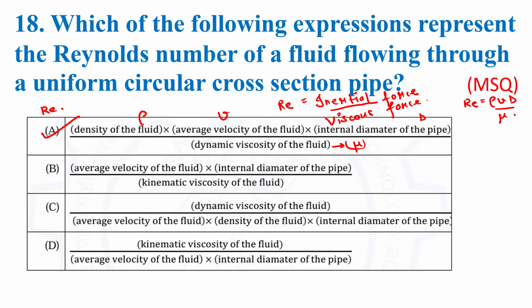And using the kinematic viscosity, Re equals velocity, the average velocity of the fluid, times diameter, divided by the kinematic viscosity.